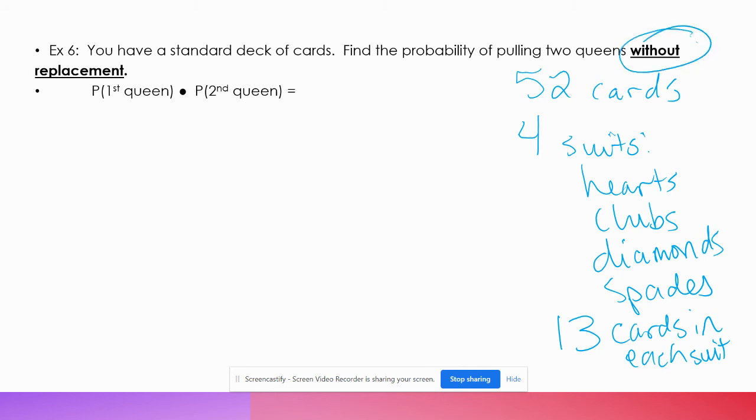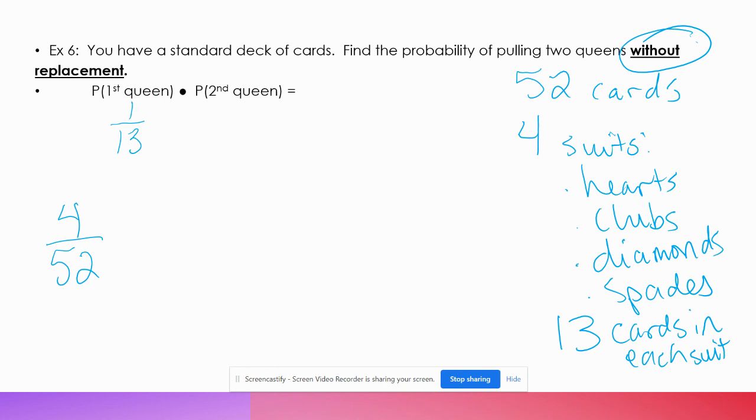So without replacement, again, means this is going to be dependent because we're changing the possible number of outcomes for our second draw. There are 4 total queens, 1 for each suit, in the deck out of 52 cards. That simplifies to 1/13.